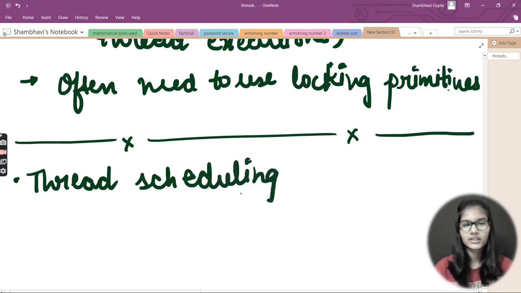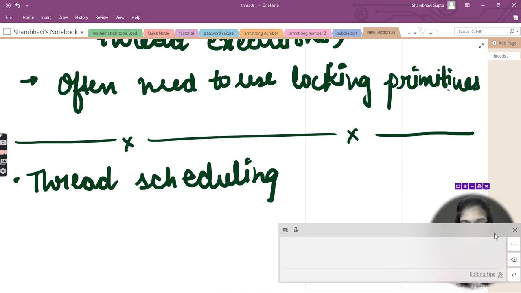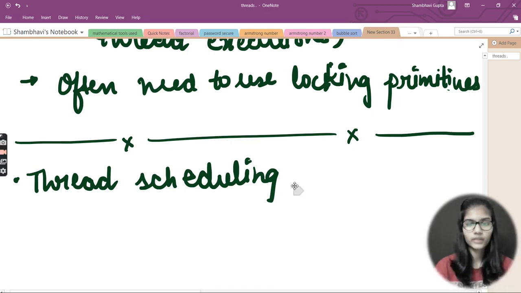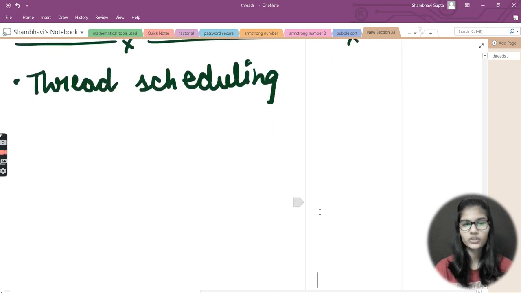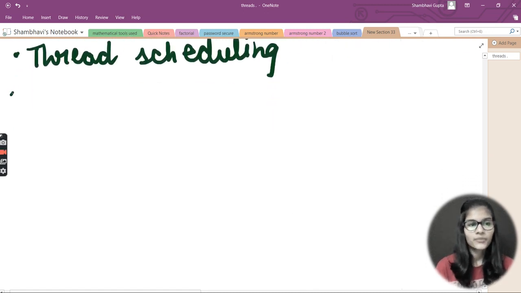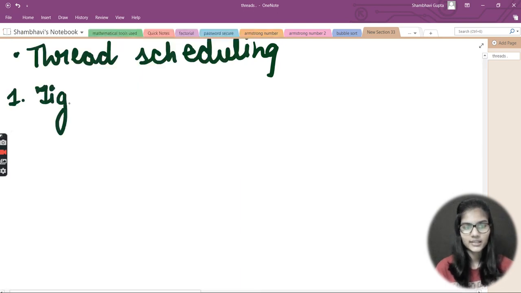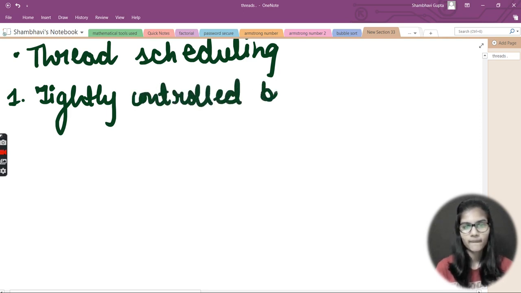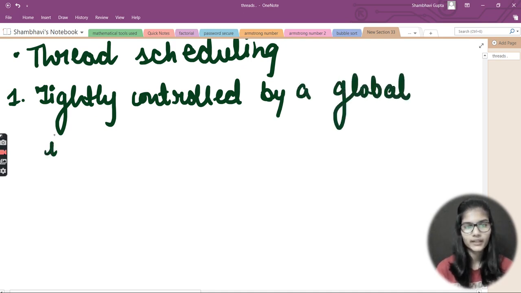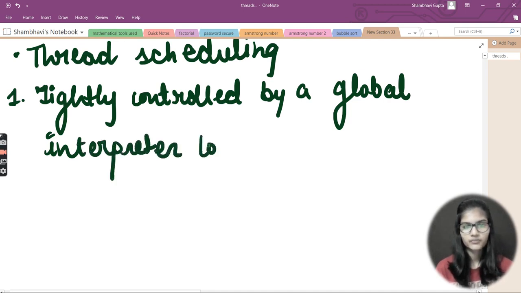Now basically we are just going to see how we do thread scheduling when we use the thread module, and what the procedure is, how we proceed. So the very first thing under this is that it is tightly controlled by a global interpreter lock and scheduler.